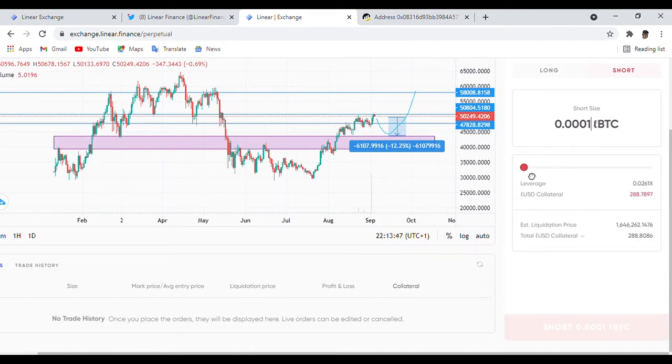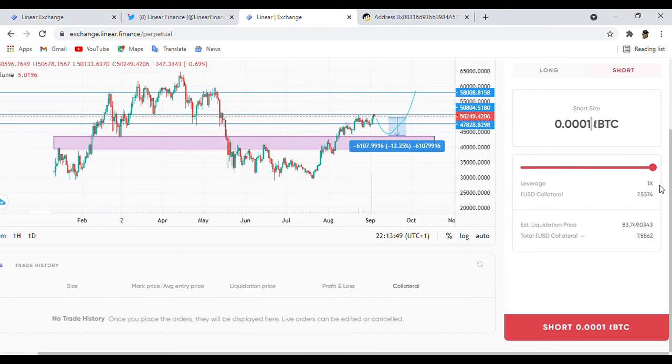You can decide to set your leverage to whichever you want. You can reduce it, increasing your liquidation price, or you can increase it. From here you go short. You can see your rate and platform fee of 0.018. The estimated liquidation price is right here.